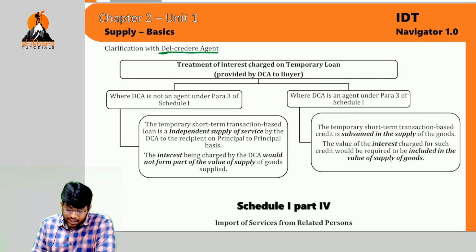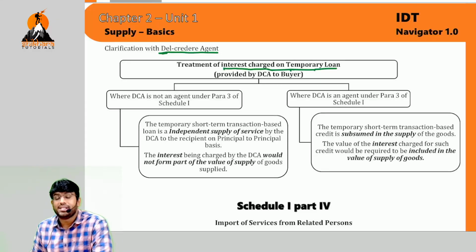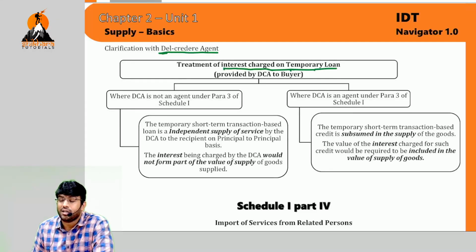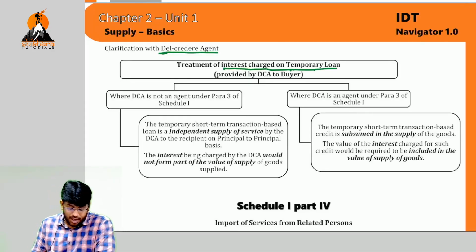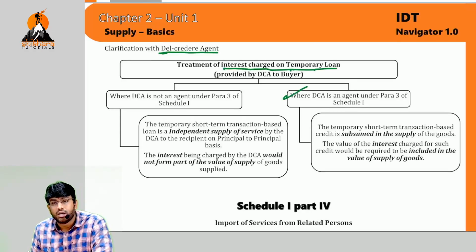Credere agent. Treatment of interest charged on what loan, sir? Temporary loan provided by DCA to buyer. So getting the point, everybody? See the right side point first, where DCA is an agent. That is what we are talking now.